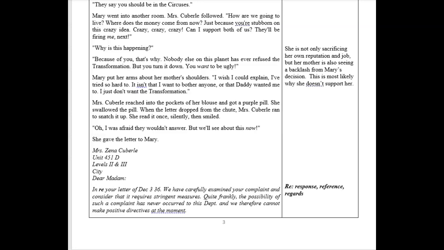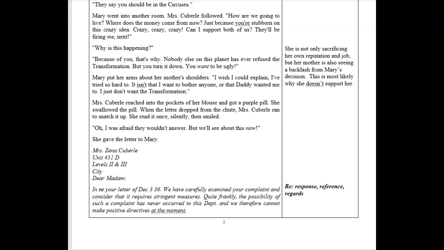They'll be firing me next. Why is this happening? Because of you, that's why. Nobody else on this planet has ever refused the transformation, but you turn it down. You want to be ugly. Mary put her arms about her mother's shoulders. I wish I could explain. I've tried so hard to. It isn't that I want to bother anyone, or that Daddy wanted me to. I just don't want the transformation.